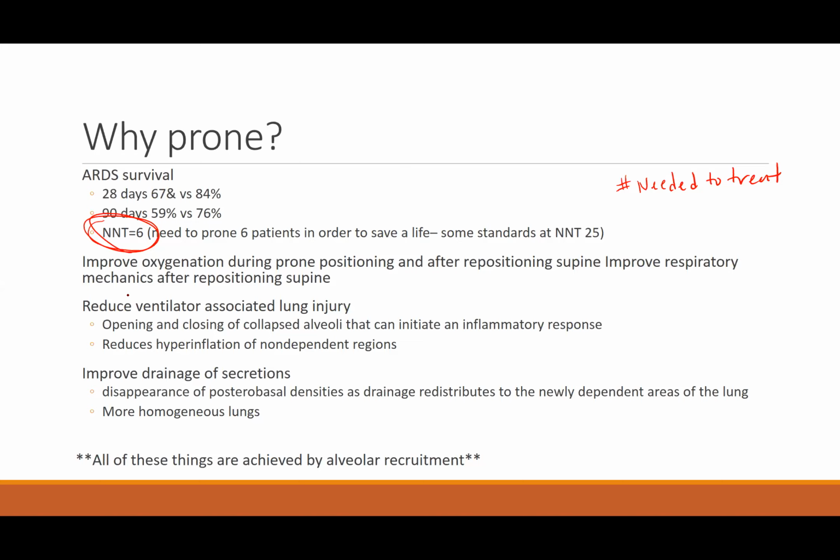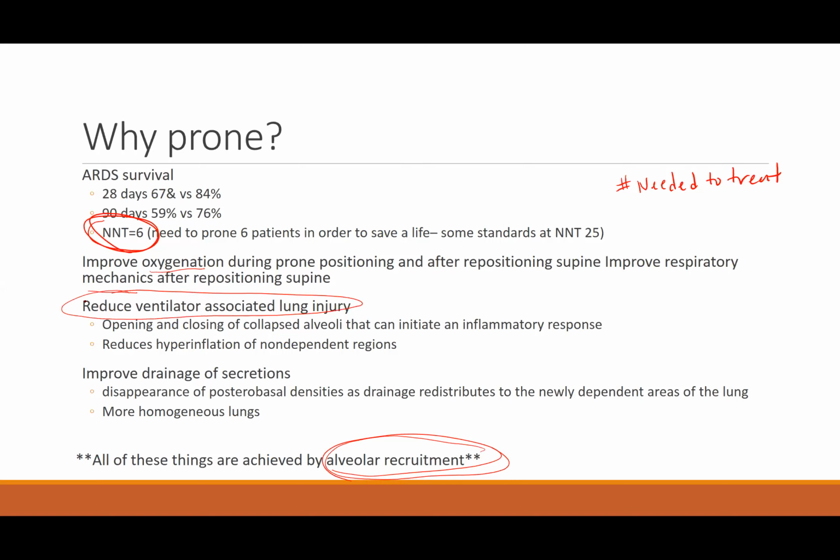And because their mechanics get better, their oxygenation gets better. All of that is a result of this alveolar recruitment down here. We start to recruit the alveoli, so we get better oxygenation, we get better respiratory mechanics, and we get a reduction in ventilator-associated lung injury.